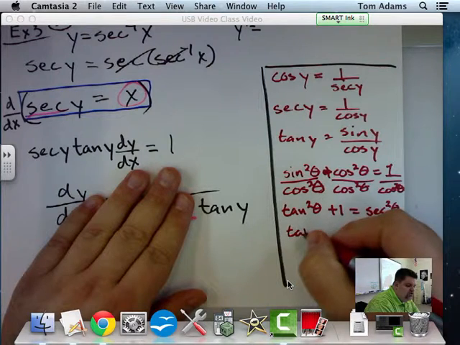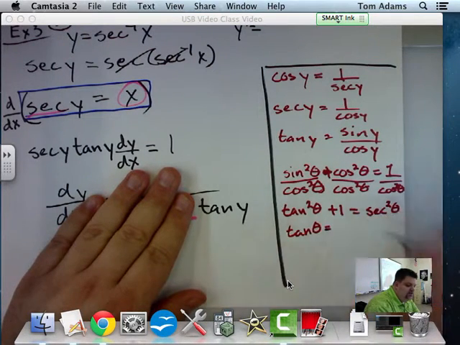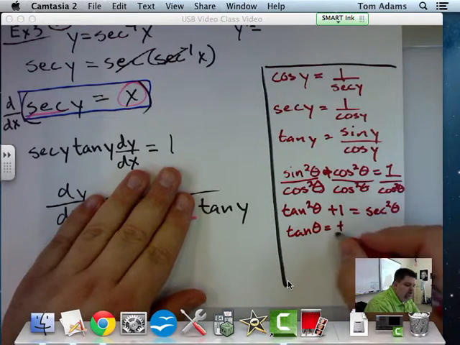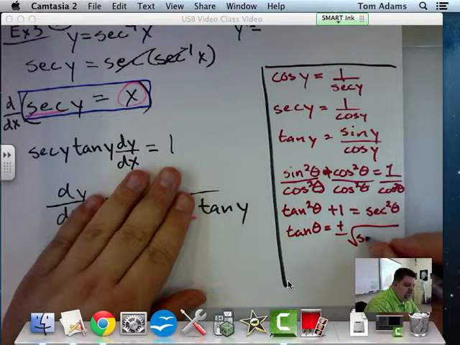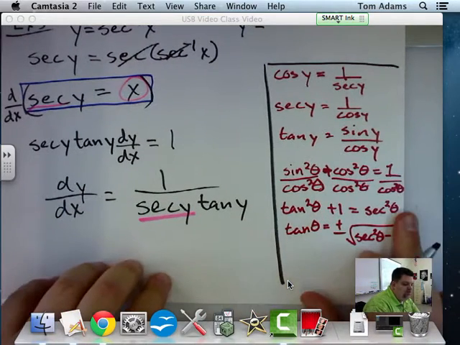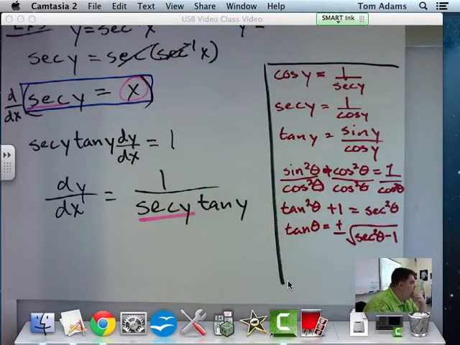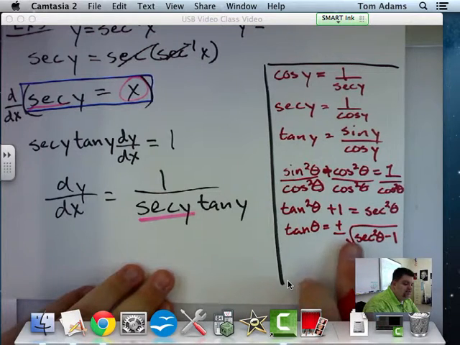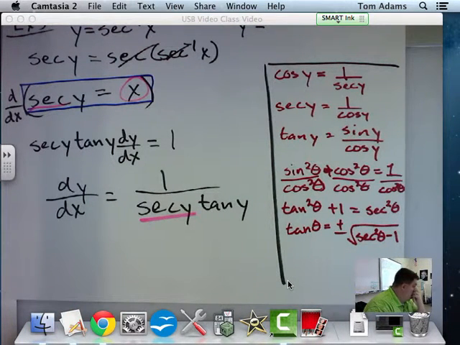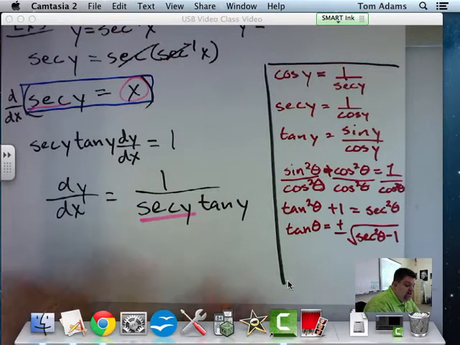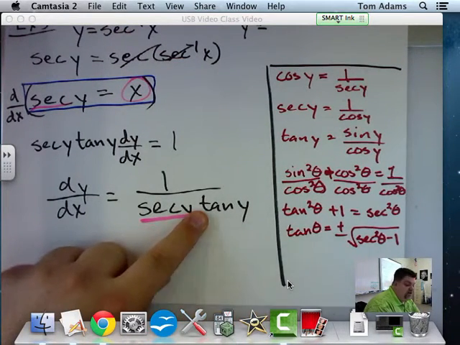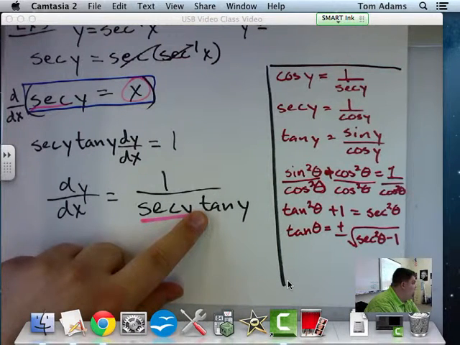Could I say that tangent of theta is equal to plus or minus the square root of secant squared of theta minus 1? If I move the 1 to the other side and then take the square root of both sides, won't I get this? Yeah? So then I could plug that in here and I'd get some sort of variation. I could plug in x's for my secants. In other words, everything will be in terms of secant.